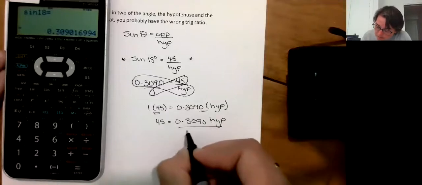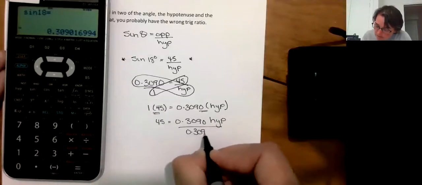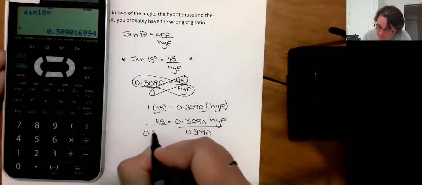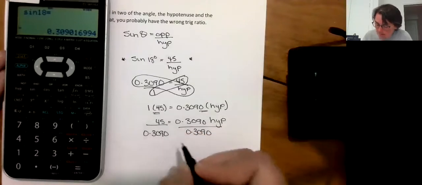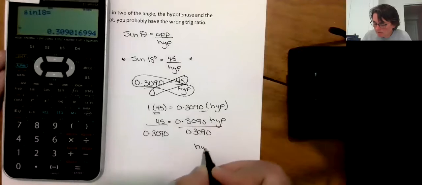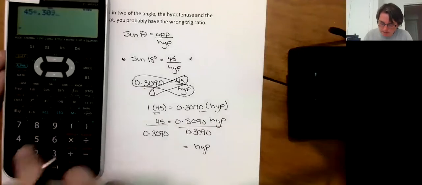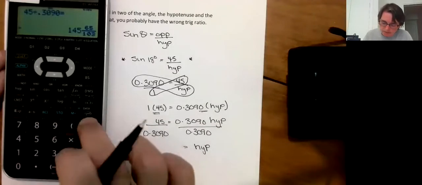And I'm going to now divide by 0.3090 because I need this to disappear, and whatever I do to one side, I got to do the other. So hypotenuse is equal to 45 divided by 0.3090. Oh my goodness.